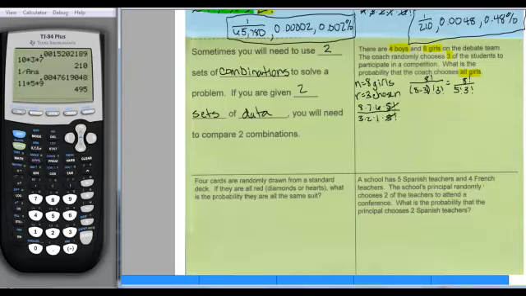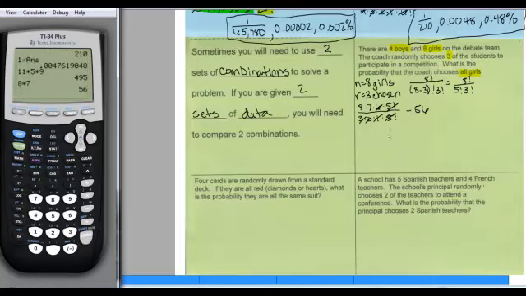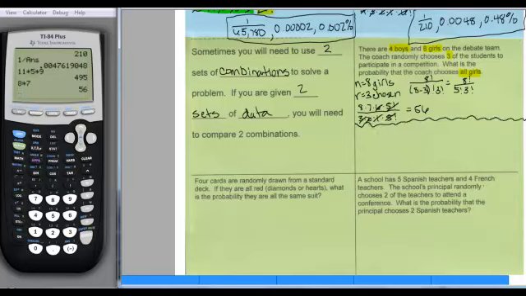The 5 factorials cancel, 1 cancels, 3 times 2 is 6. So it's just 8 times 7, which is 56, right? Yes. Okay, so then that is the possibilities of choosing all girls.